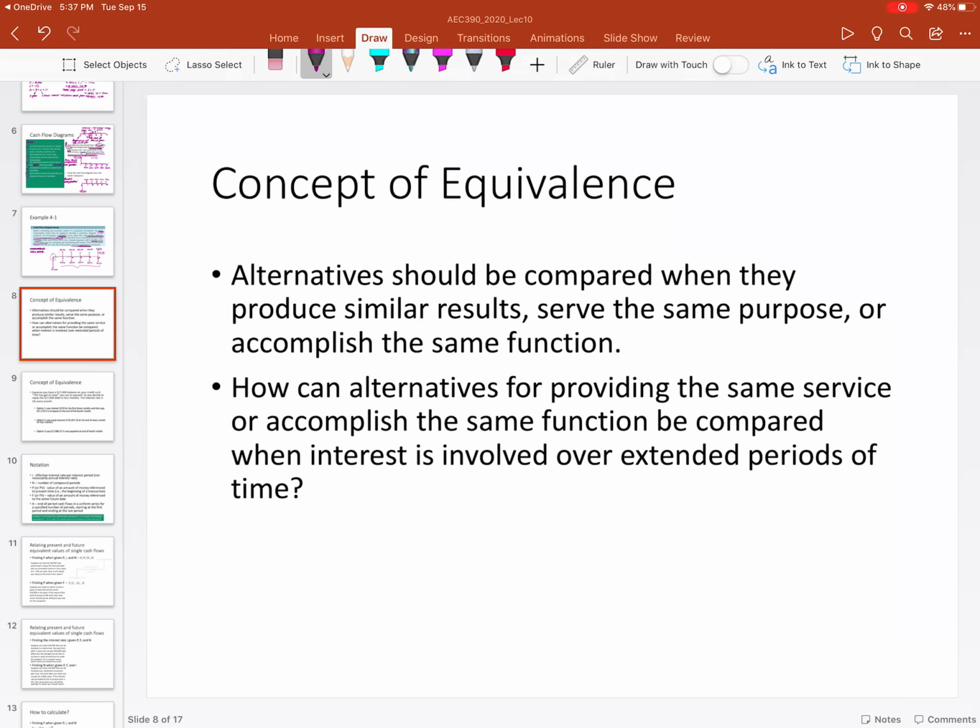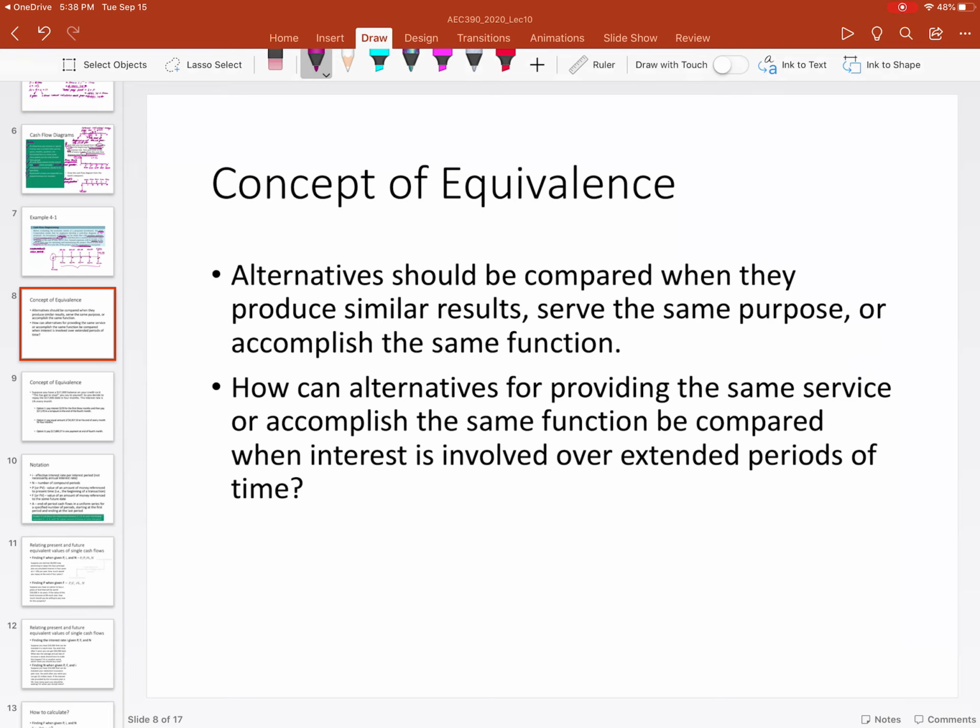You see that usually project options have different cash flows. Sometimes you get payment every month, sometimes you get a lump sum payment in the end, and different projects could give you different rates of return, like the interest will be different.